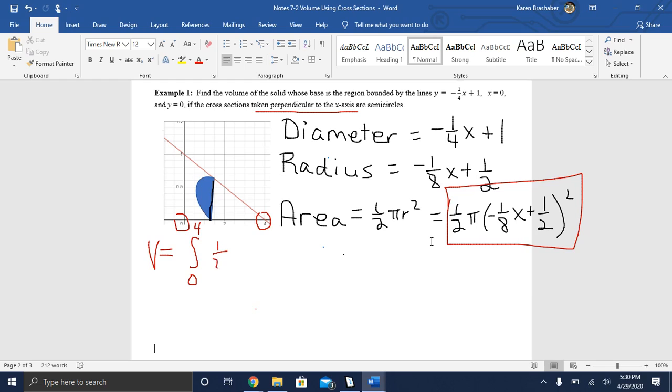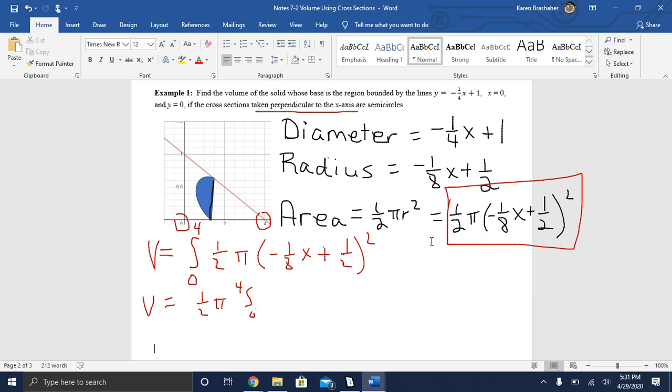So 1/2 pi times (negative 1/8 x plus 1/2) squared. All right, so that volume is going to equal 1/2 pi times the integral from 0 to 4. And then we will need to square the negative 1/8 x plus 1/2.